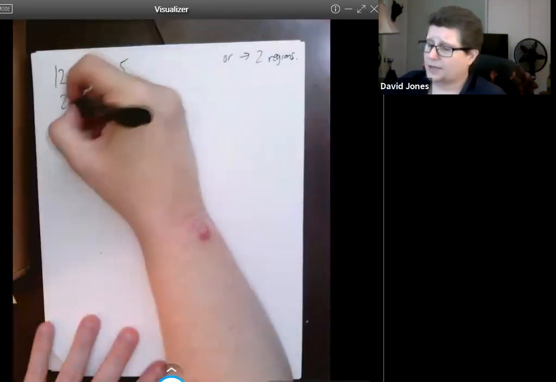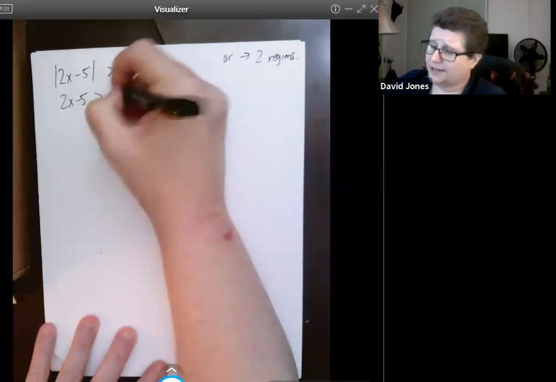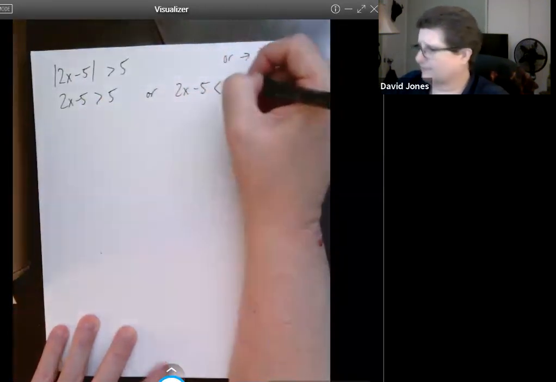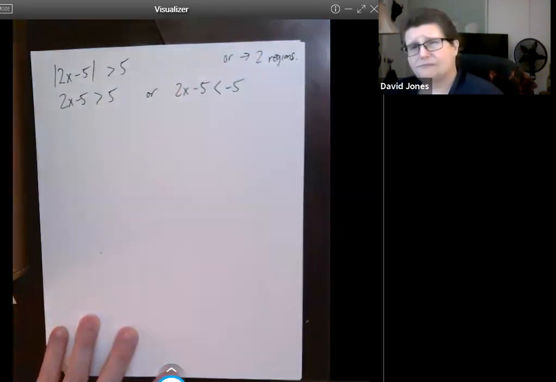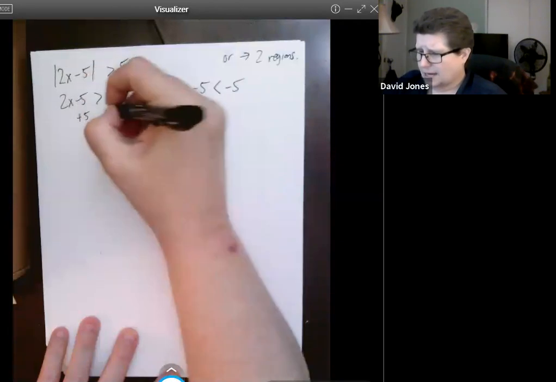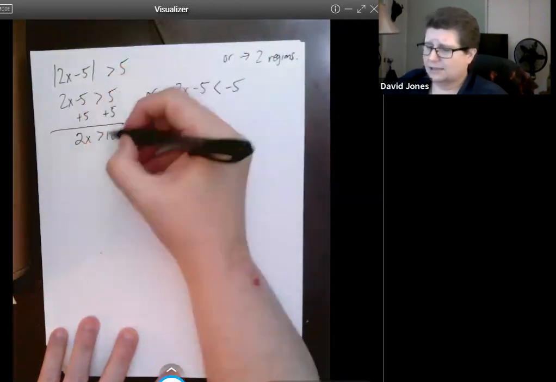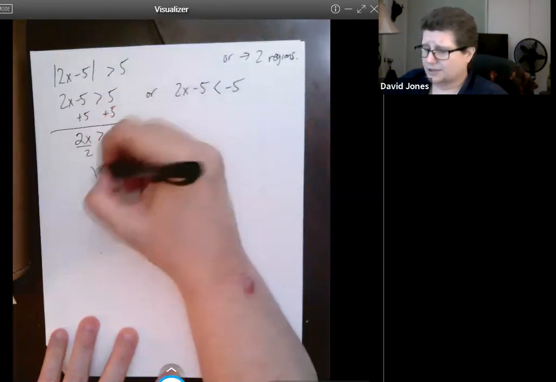So I'm going to have 2x minus 5 is greater than 5, or 2x minus 5 is less than negative 5. I add 5 to both sides. I get 2x is greater than 10. Divide by 2, x is greater than 5.